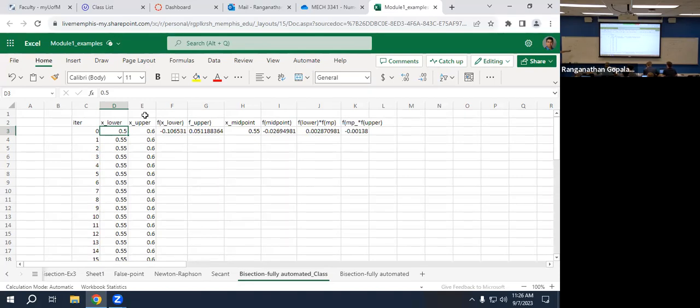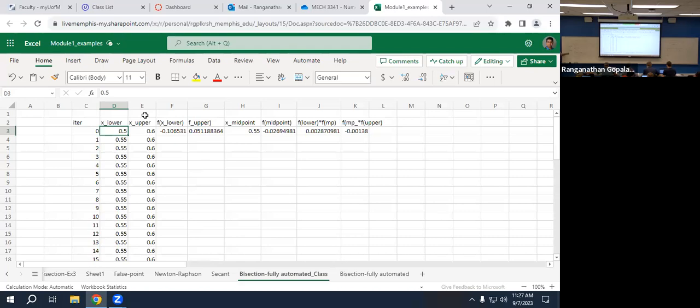You can, just for argument's sake, make this minus 10 to plus 10, which also happens to contain 0 to 1 and the root. So you will find out that the method will work no matter what your initial guess is, provided it satisfies the condition f of x lower multiplied by f of x upper is less than 0. As long as this is satisfied, any guess will work.